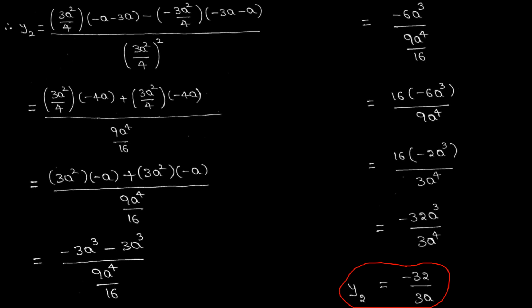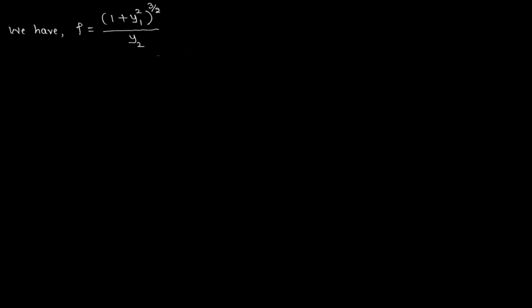Let us substitute the values of y1 and y2 in the formula for radius of curvature. The formula is given by this. Let us substitute the value of y1, which is minus 1, in this place, and y2, we just found y2, we will put here.